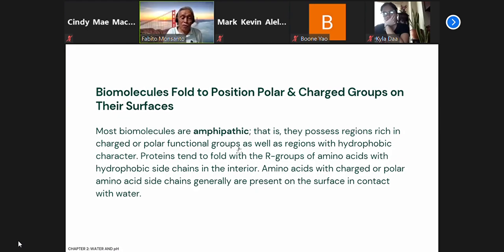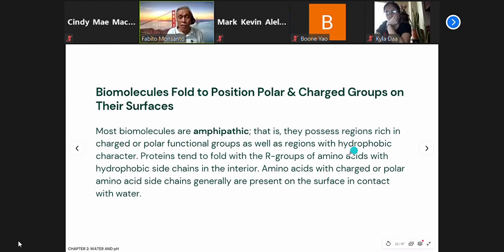So most biomolecules are amphipathic. That is, they possess regions rich in charge, positive or negative, or polar, whether it is soluble in water or not, as well as regions with hydrophobic character.